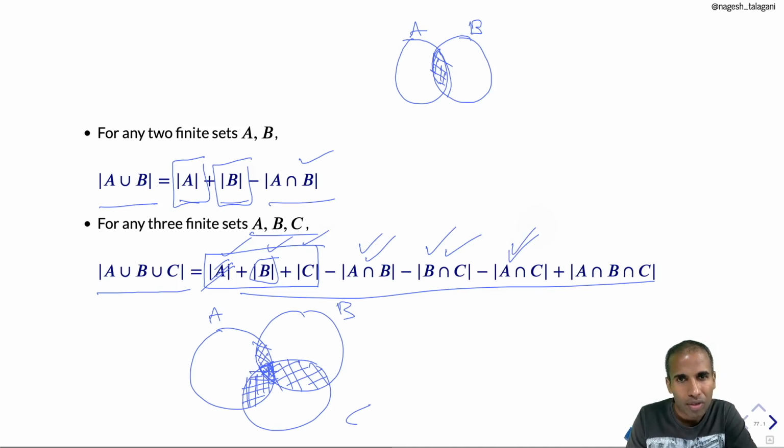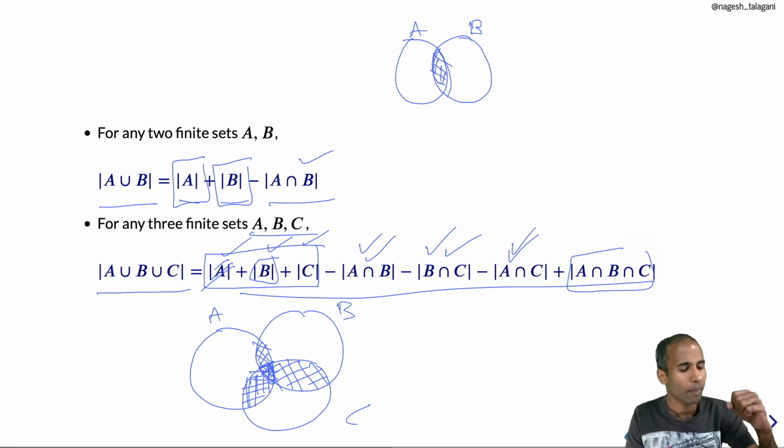That means they are not included at all. So we need to include one, so that's why plus A intersection B intersection C. So this is the inclusion exclusion principle for three sets, including and excluding in a controlled way, so that we will not have any overcount, we actually get the correct count.